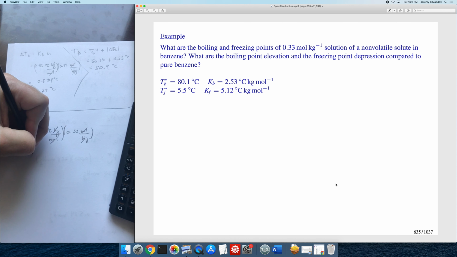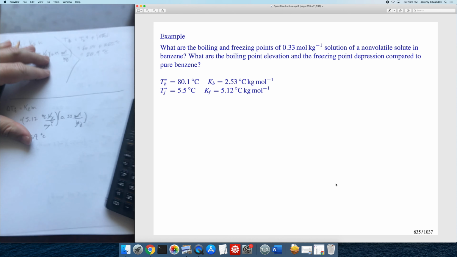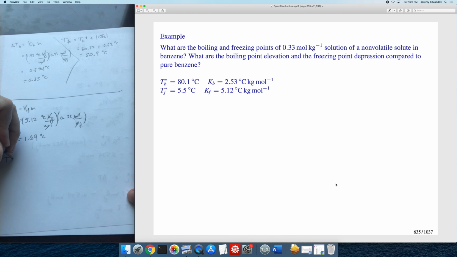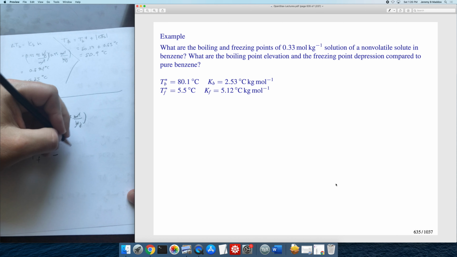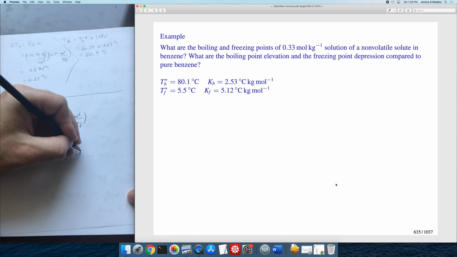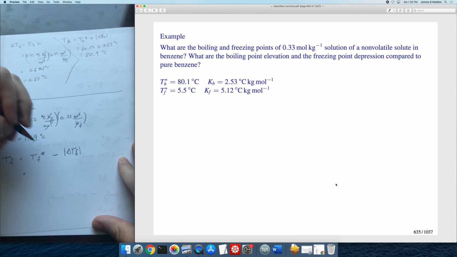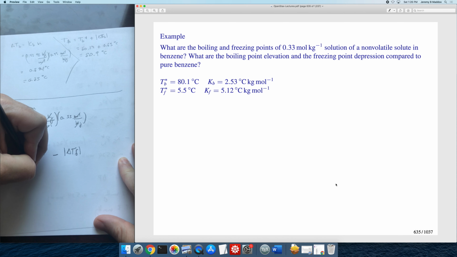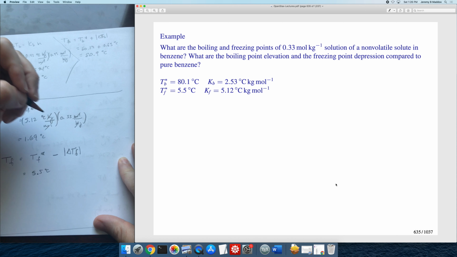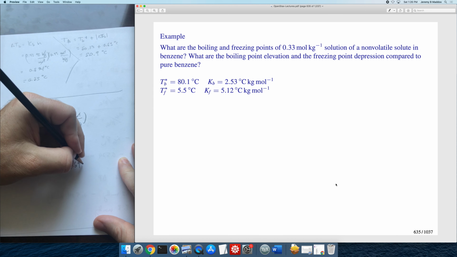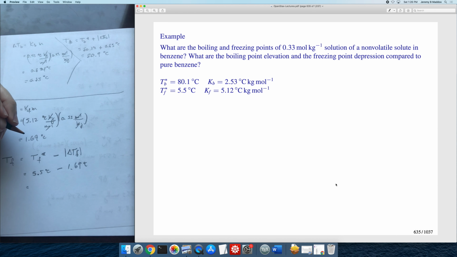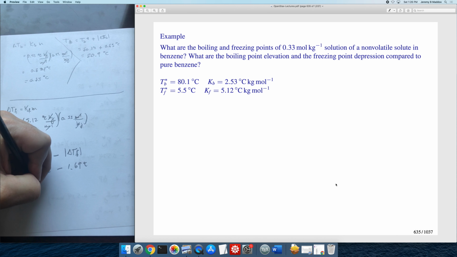So we get a drop of 1.69 degrees Celsius. And so when we go to get the freezing point of the solution, it's Tf star minus delta Tf. For benzene, that's 5.5 degrees Celsius minus 1.69 degrees Celsius. So 3.81.